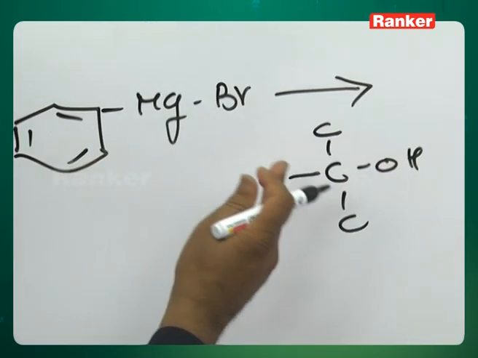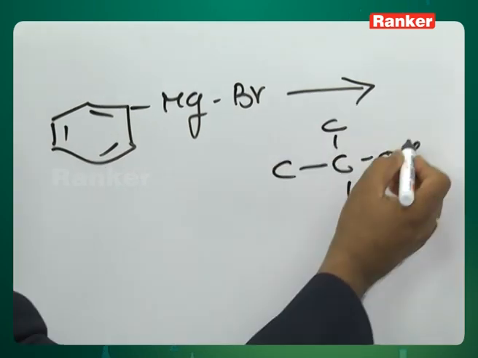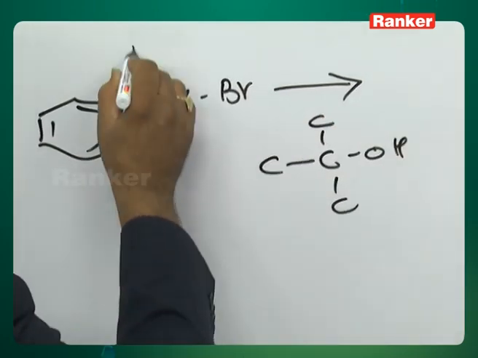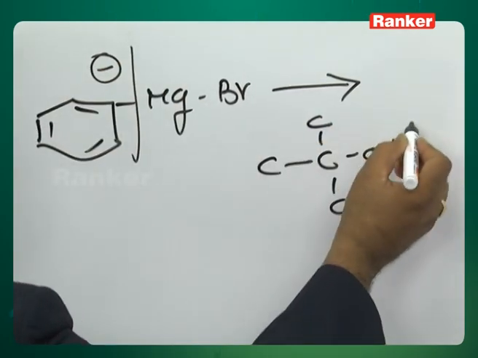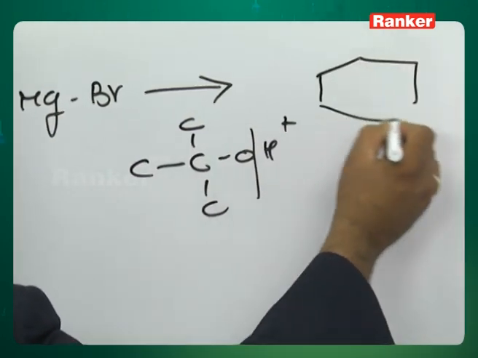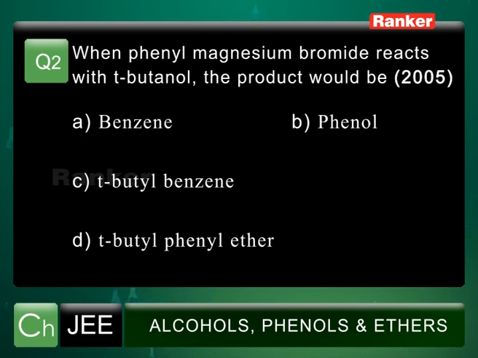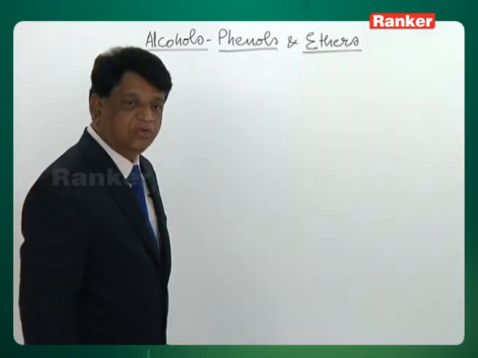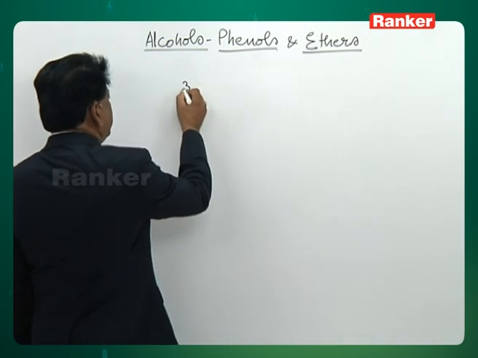It does not undergo any other reaction except that the R minus and the H plus react and liberate benzene. So, benzene is formed. Option A is the right answer, and the other 3 are wrong. Therefore, answer A is right. Let us go to question number 3.